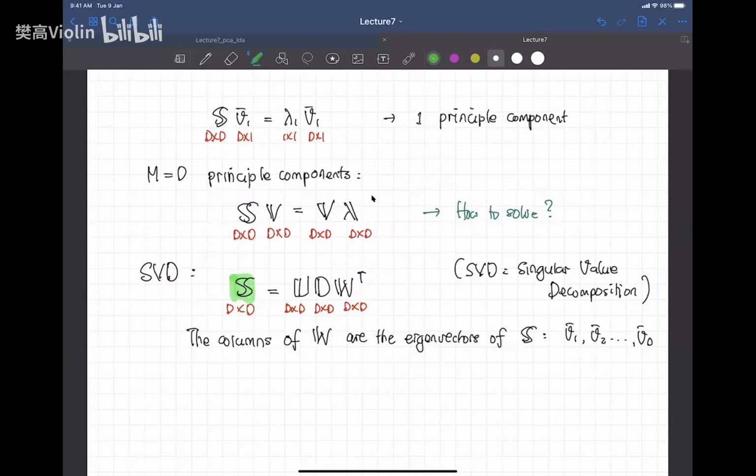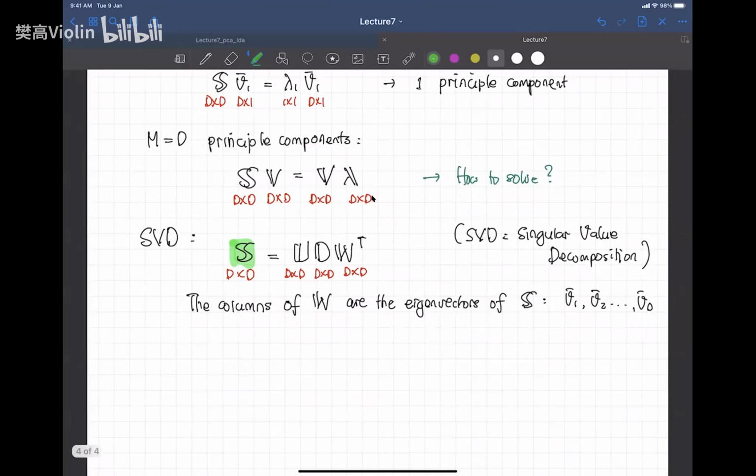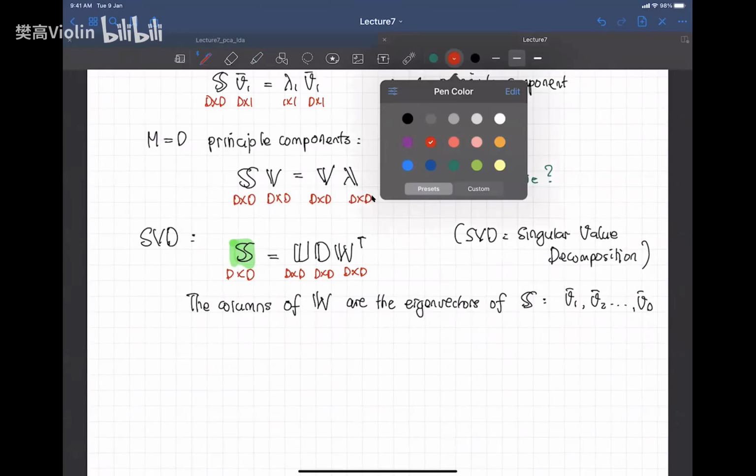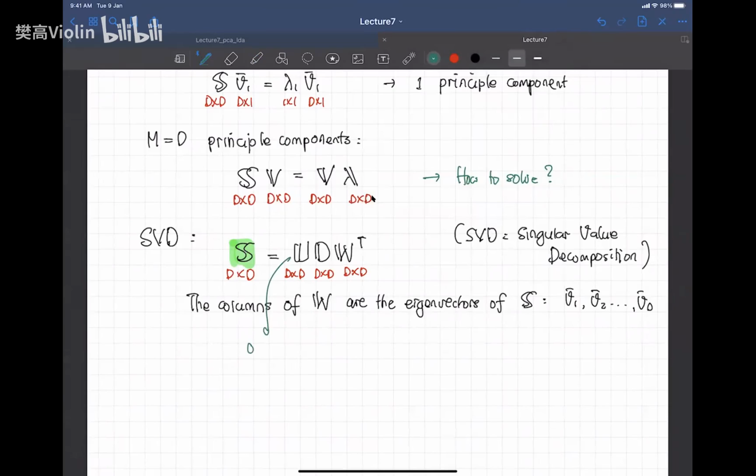So U is an orthogonal matrix, D is a diagonal matrix, and W here is another orthogonal matrix. But the complete picture of how we can get this U D W is another topic, a big topic called SVD.